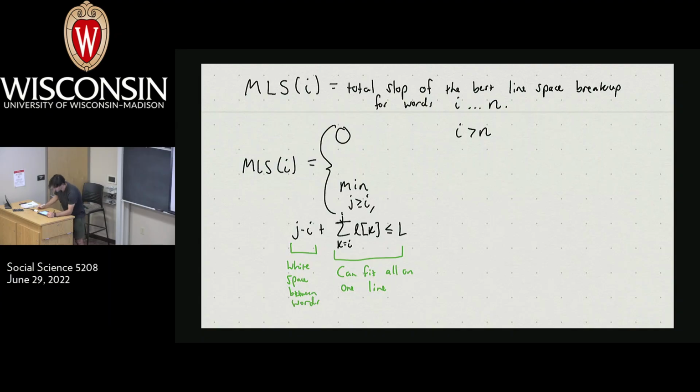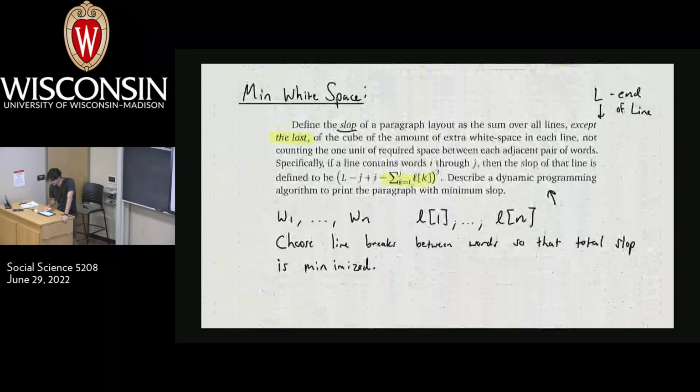So for our sentence to fit on a single line, we need to care about both the words themselves and the spaces between them. That will take up the total length of the sentence. And you'll notice that j minus i appears in the definition of slop too.